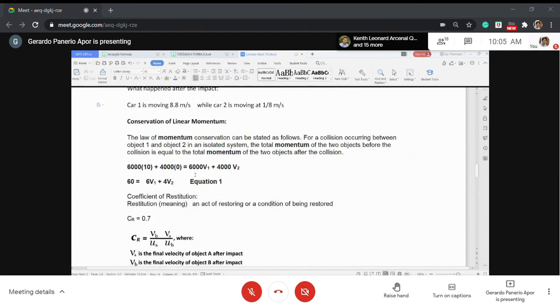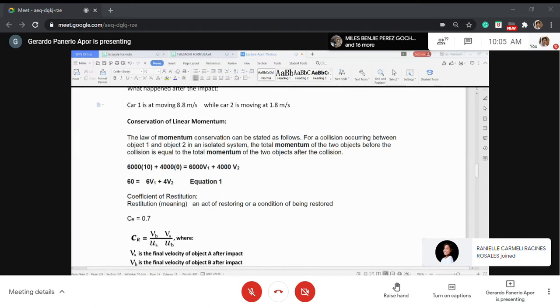So after the collision, car number 1 is moving at 8.8, while car number 2 is moving at 1.8 meters per second. So that is what happened.